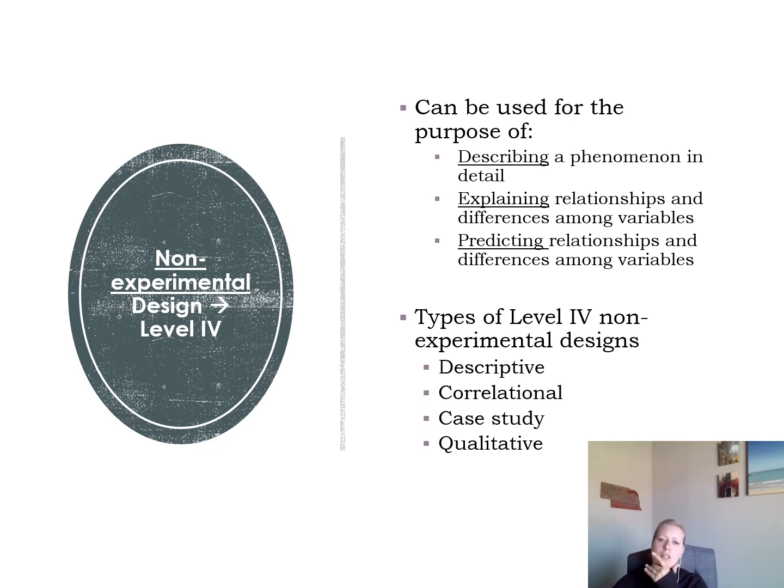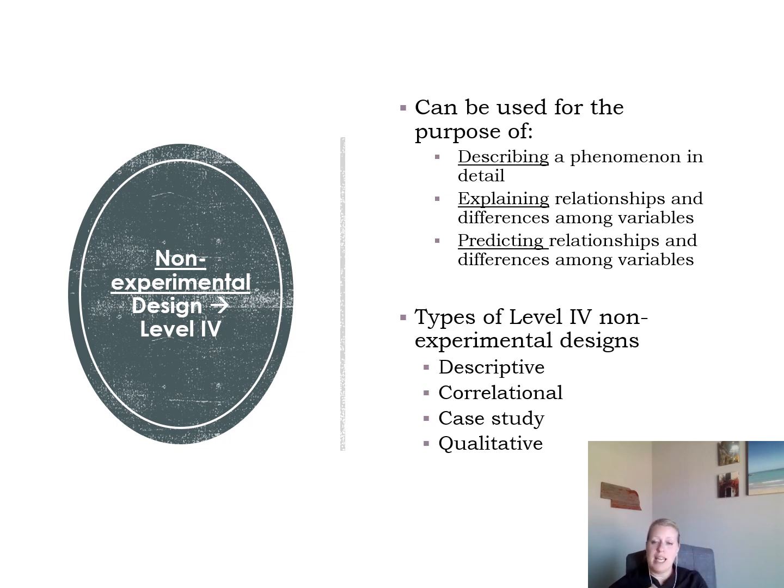Instead, you're looking at the data. You're describing, you're explaining, you're predicting. So if you heard my talk before about my own research, all of my research thus far has been level 4, because without describing phenomena, you can't try and intervene.